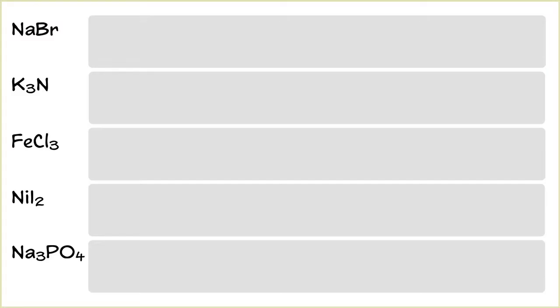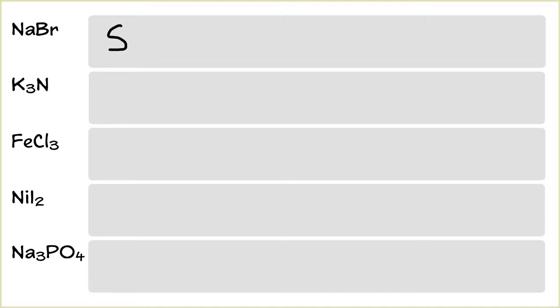Okay, now we're being asked to give the name for each of these ionic compounds. And they are all ionic compounds. They're made up of a metal and then some combination of nonmetals. The first element listed for the first example is sodium.